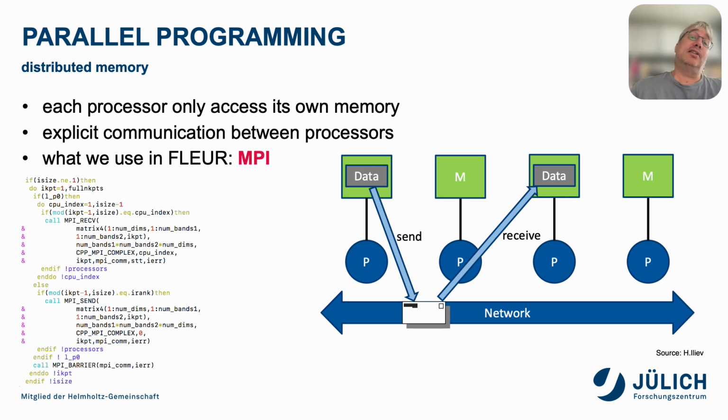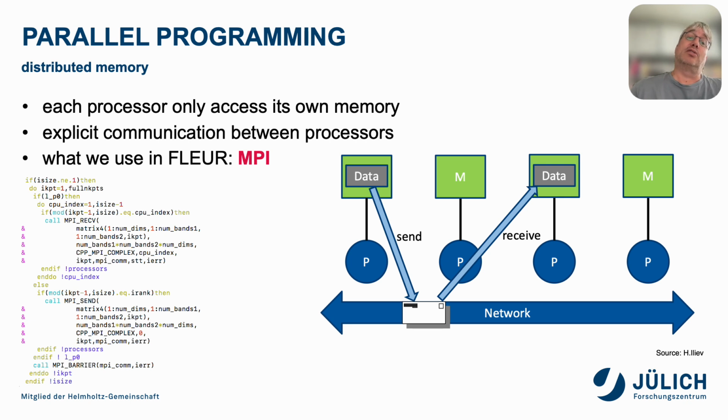The other parallel programming paradigm we use is so-called MPI programming. There you have explicit communication between these different processes, and they communicate by sending each other messages.